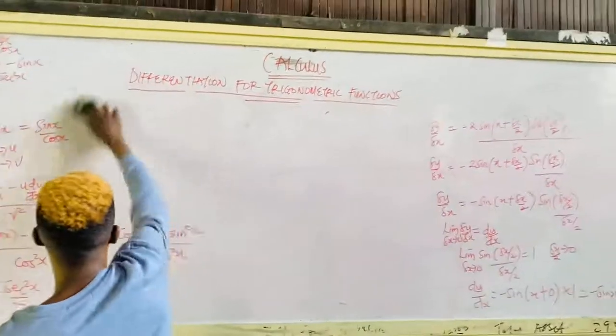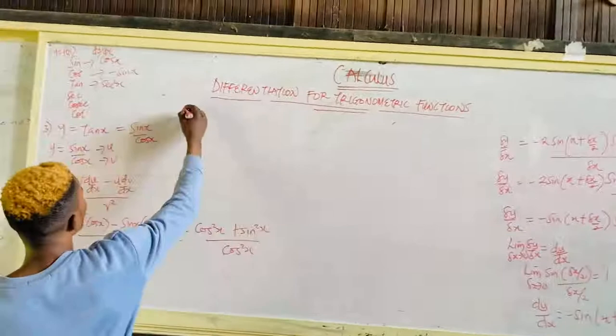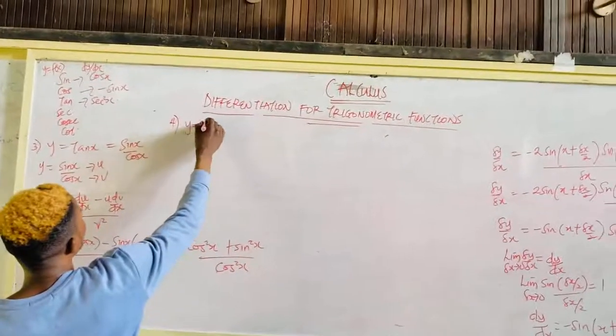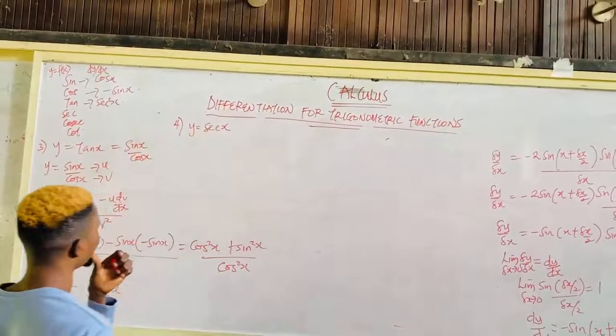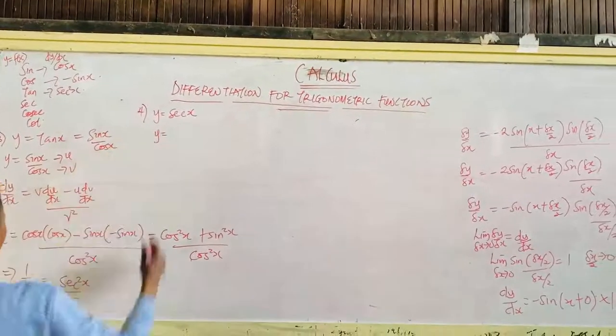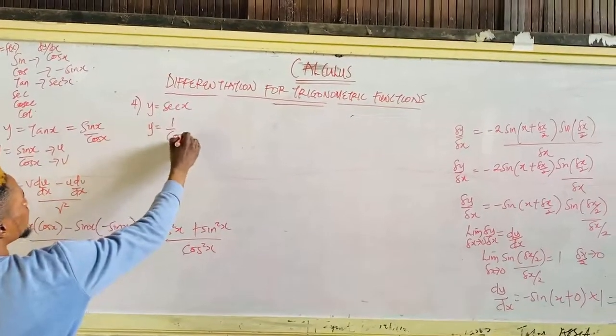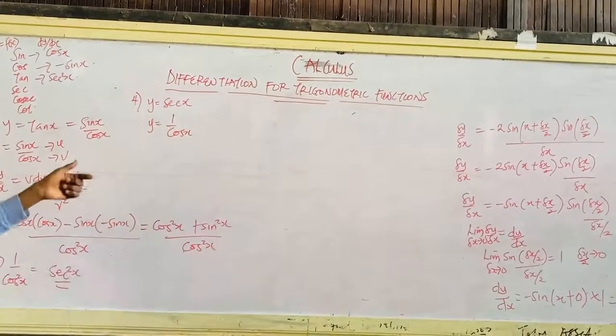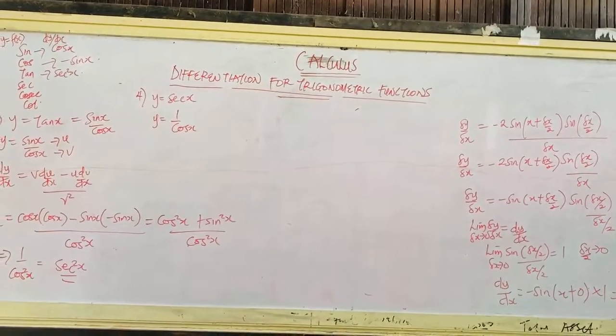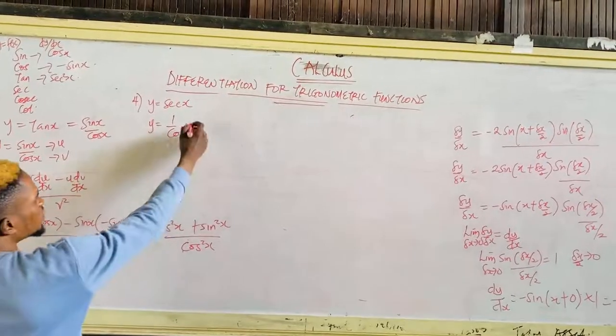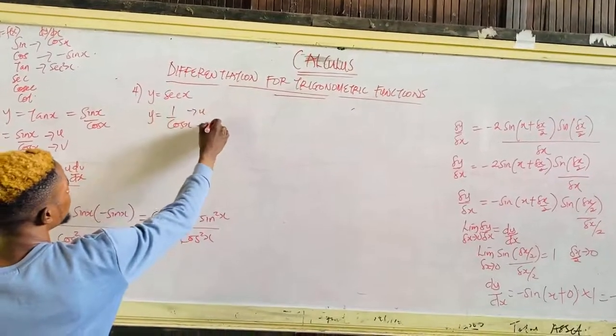Now the next one, y is equal to sec x. Now remember here I said 1 over cos x is sec x. So sec x is 1 over cos x. Now here too using quotient rule. 1 over cos x. This is my u, this is my v.